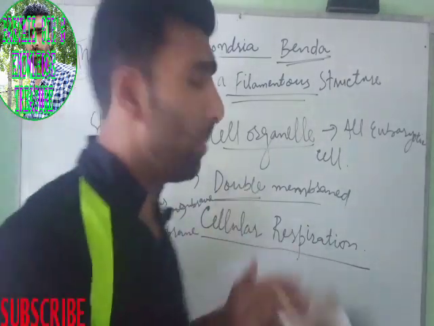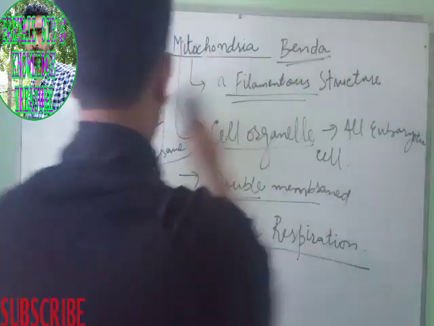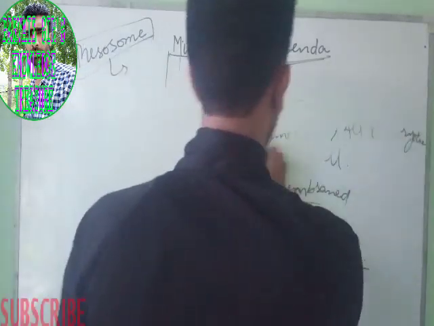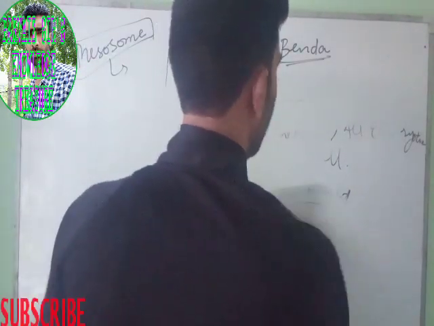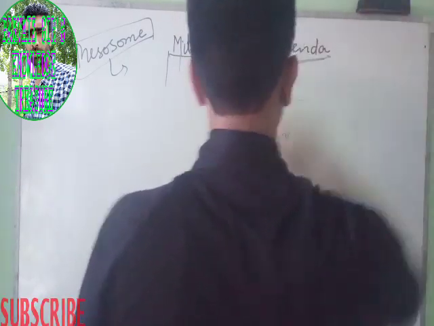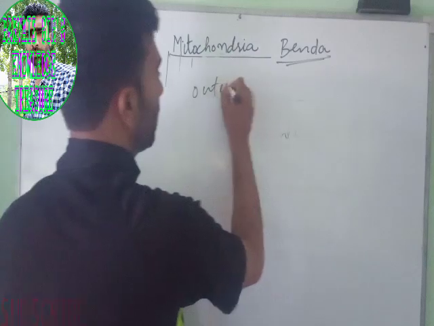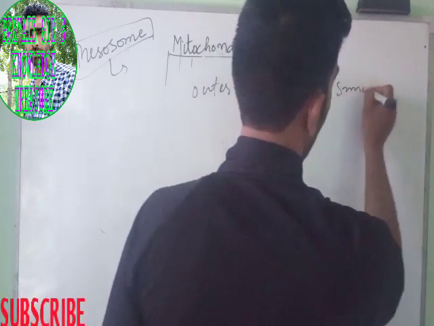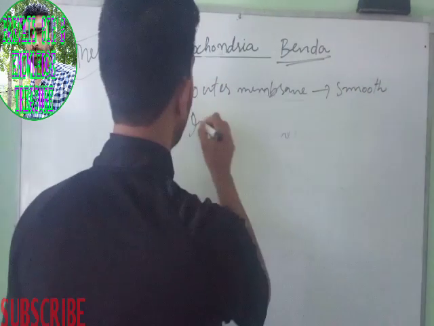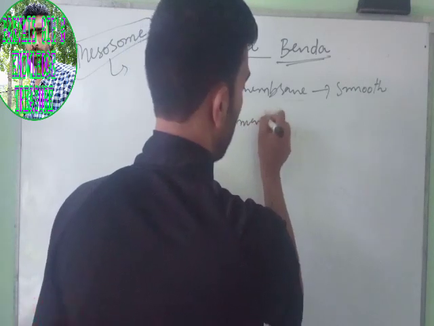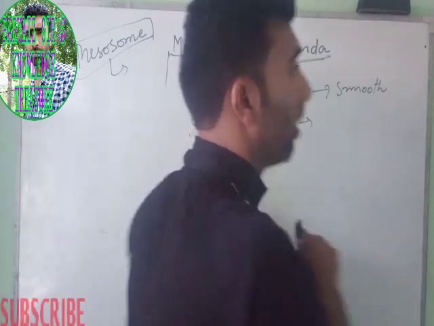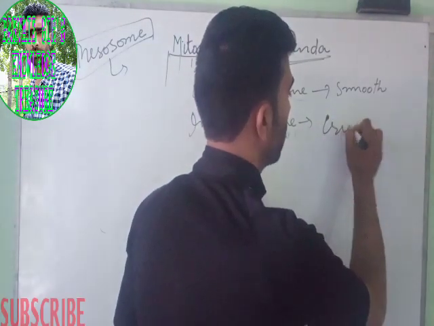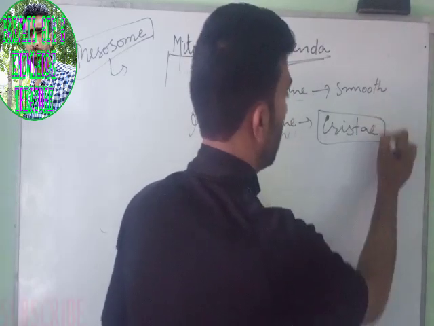The outer membrane in case of mitochondria is smooth, while the inner membrane has invaginations which are known as cristae.